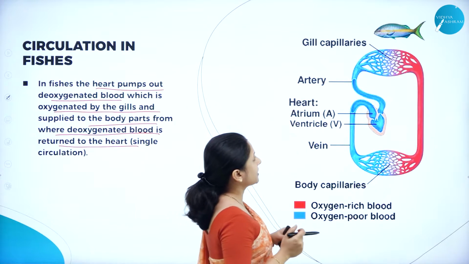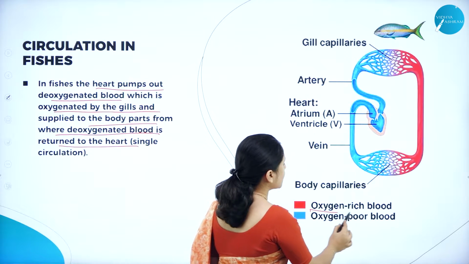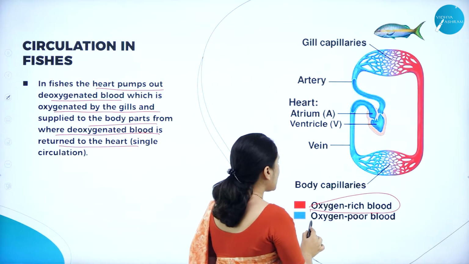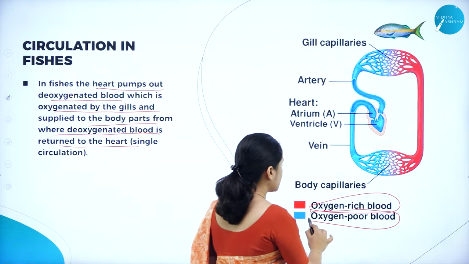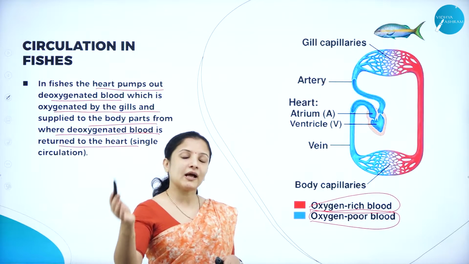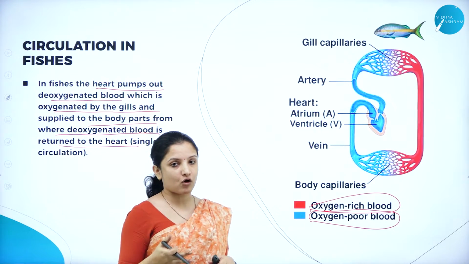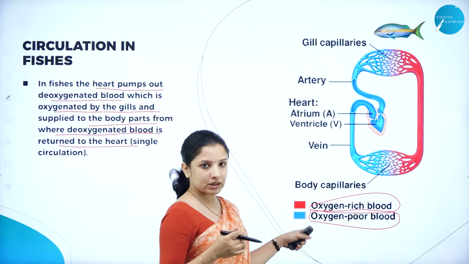If you can see, there is the artery. Here they have shown oxygen-rich blood in red color and deoxygenated blood in blue color. Deoxygenated blood means oxygen has been removed and the blood is deprived of oxygen, or poor in oxygen. That is what is blue in color.